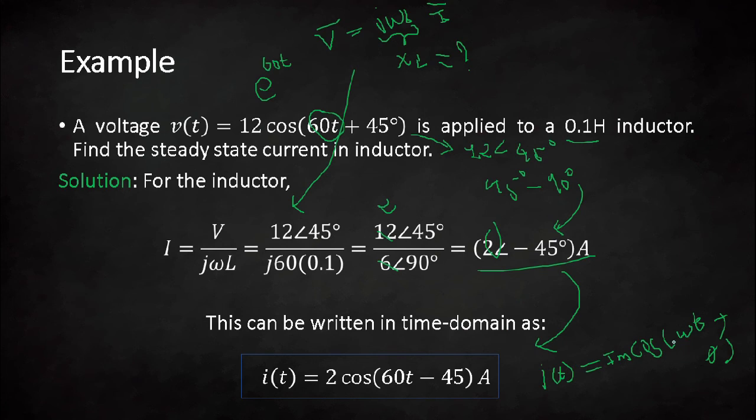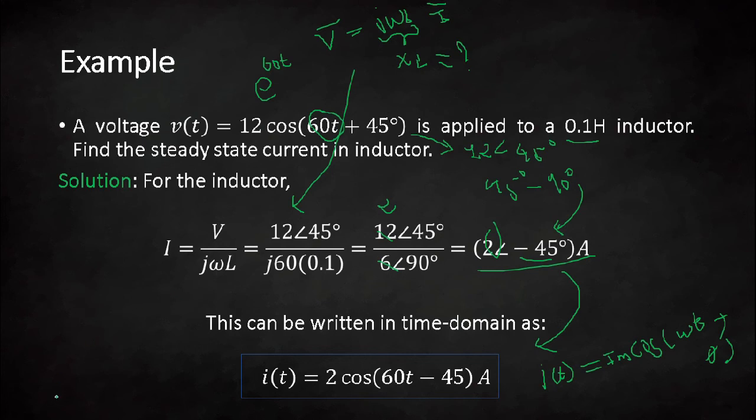The angular frequency is 60, so put omega equal to 60. The phase angle phi is minus 45 degrees, so put phi equal to minus 45 degrees, and you will get this equation: 2 cos(60t minus 45) ampere.